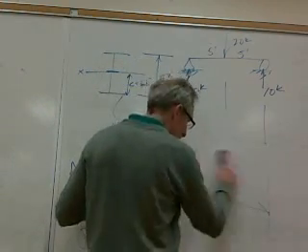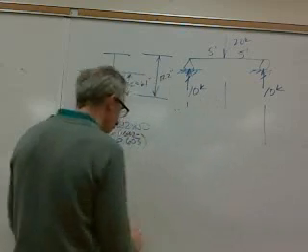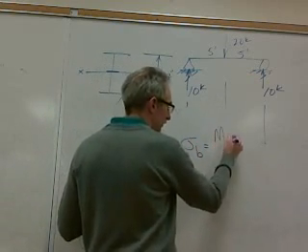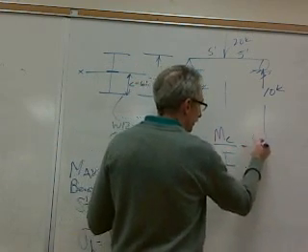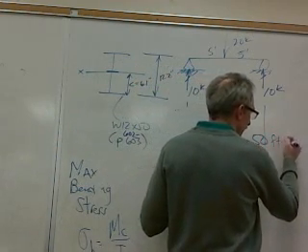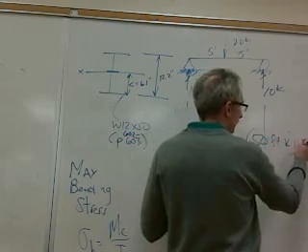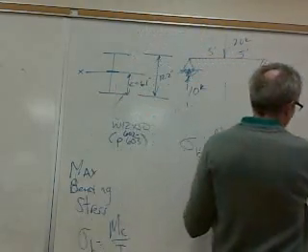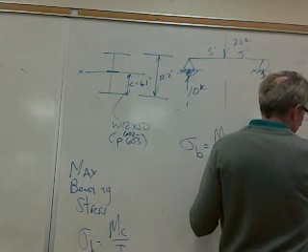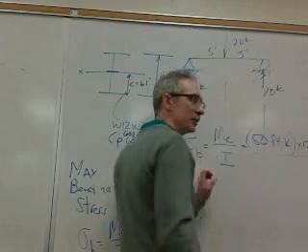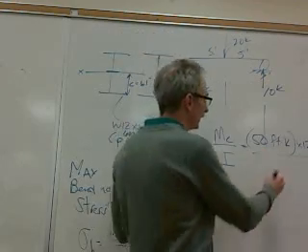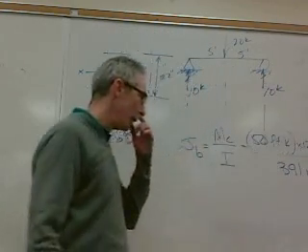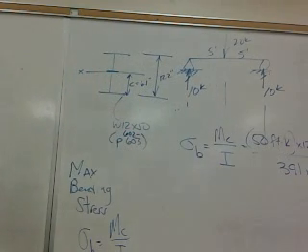So, our formula then for maximum bending stress in this problem is 50 foot kips. What am I going to want to do there? Multiply by 12 at least to get it into inch kips, times the C distance, 6.1 inches, divided by the moment of inertia, 391 inches to the fourth.